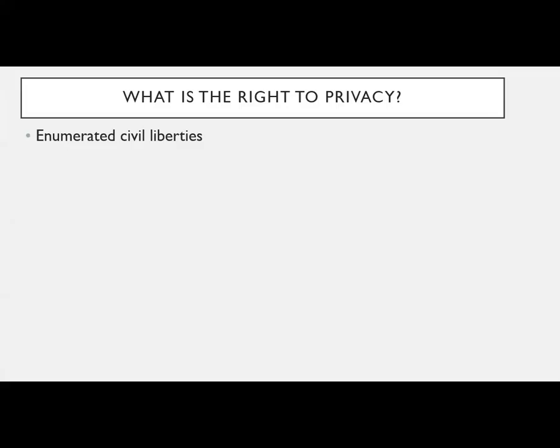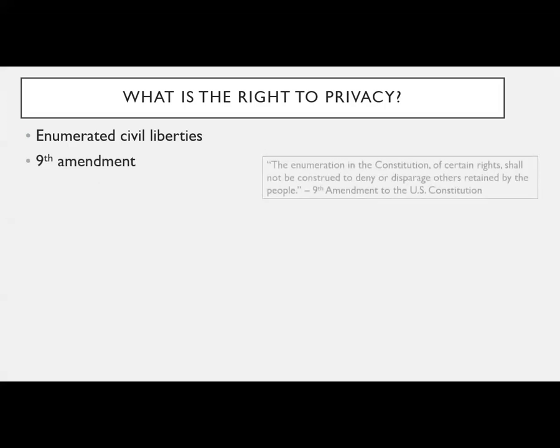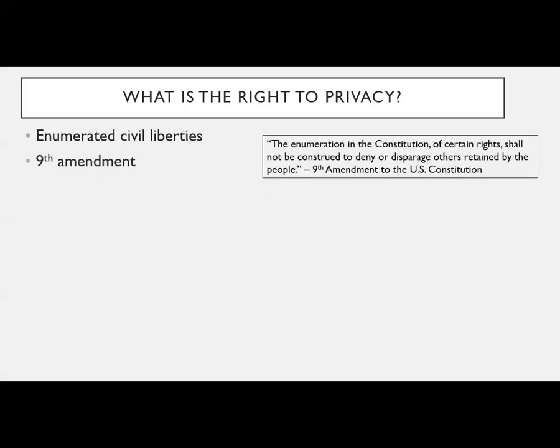But the founders did not intend the explicitly identified liberties to be the only liberties worthy of protection. We see direct evidence of that fact in the Ninth Amendment, which reads, "The enumeration in the Constitution of certain rights shall not be construed to deny or disparage others retained by the people."